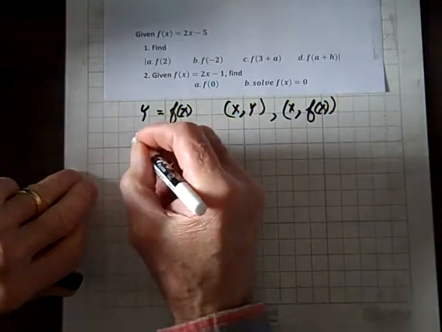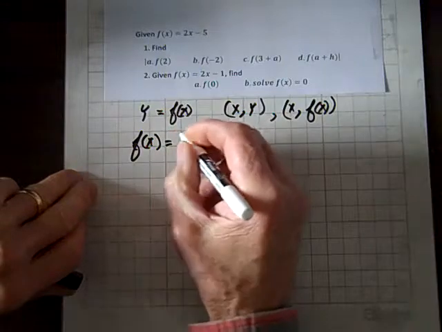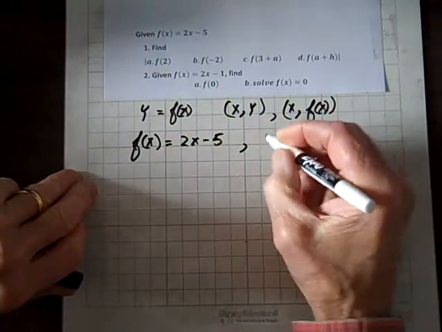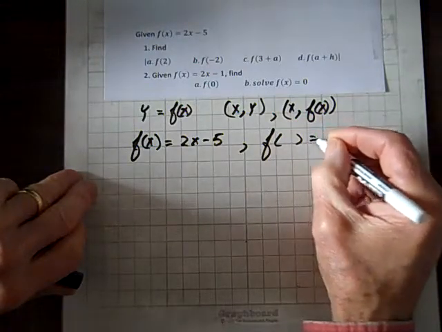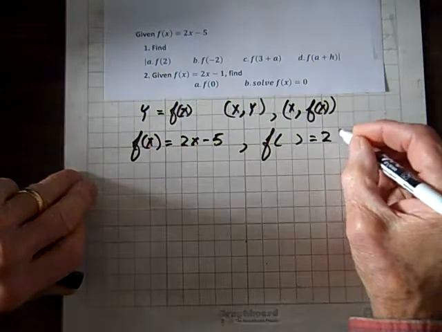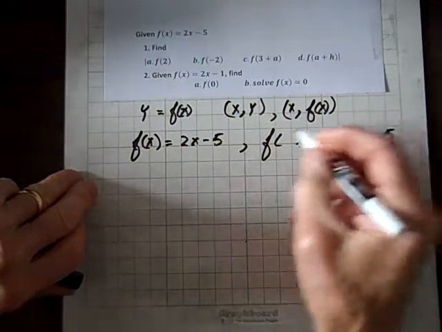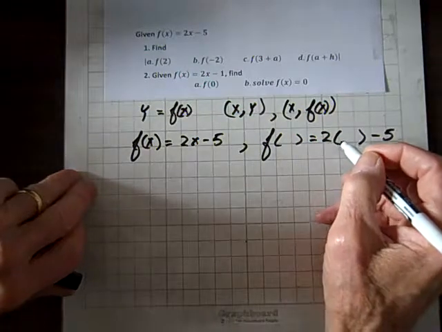So we've got f of x equals 2x minus 5. That is f of, and on the right side we'll replace the variable with parentheses. And whatever we put in here, we have to put in there. That's the way functions work.